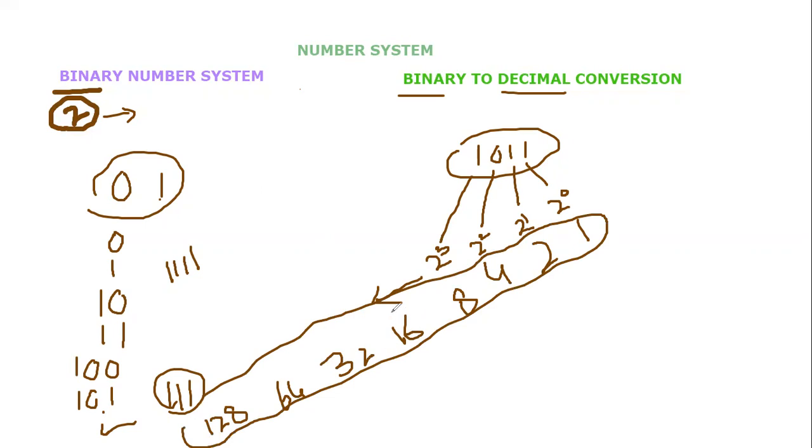And if we talk about only 4 bits, then we will be using only these. This is the area of 4-bit, and this is the area of 16-bit.